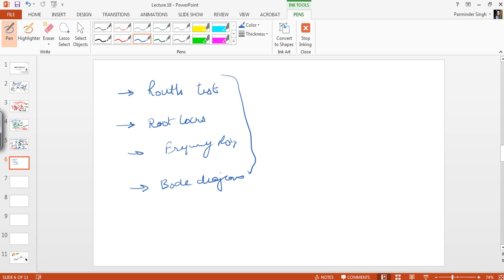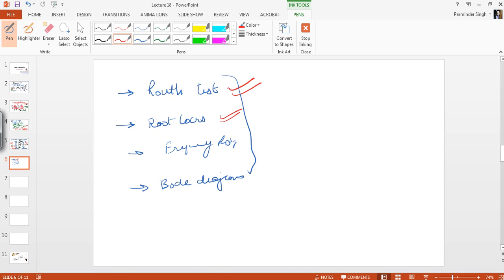Clear? Now why they've written specifically in this order, because you know the easiest of all is your Routh test, but there are certain limitations to Routh test which will be eliminated by root locus.